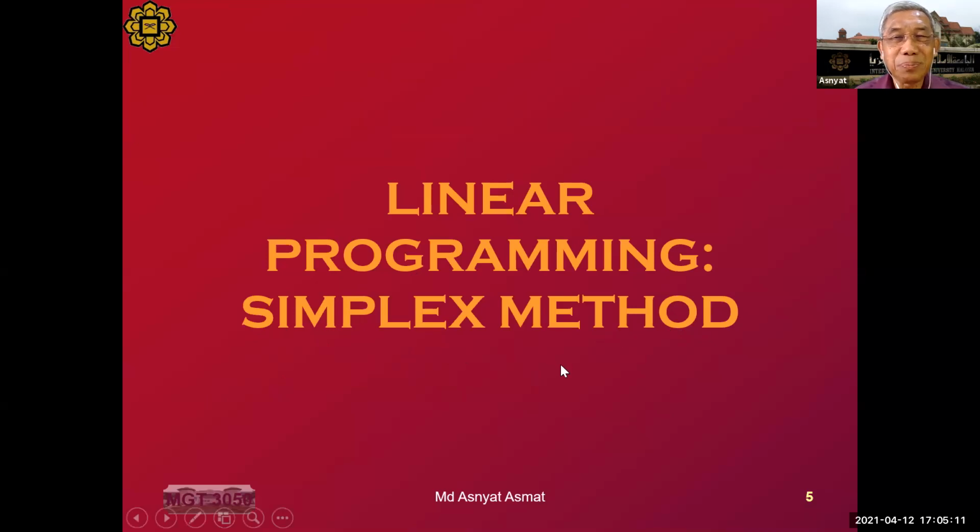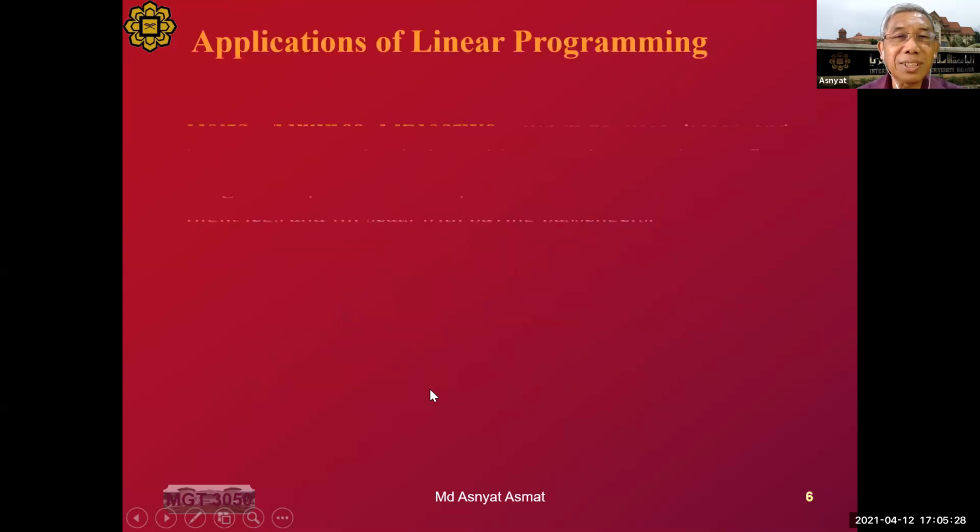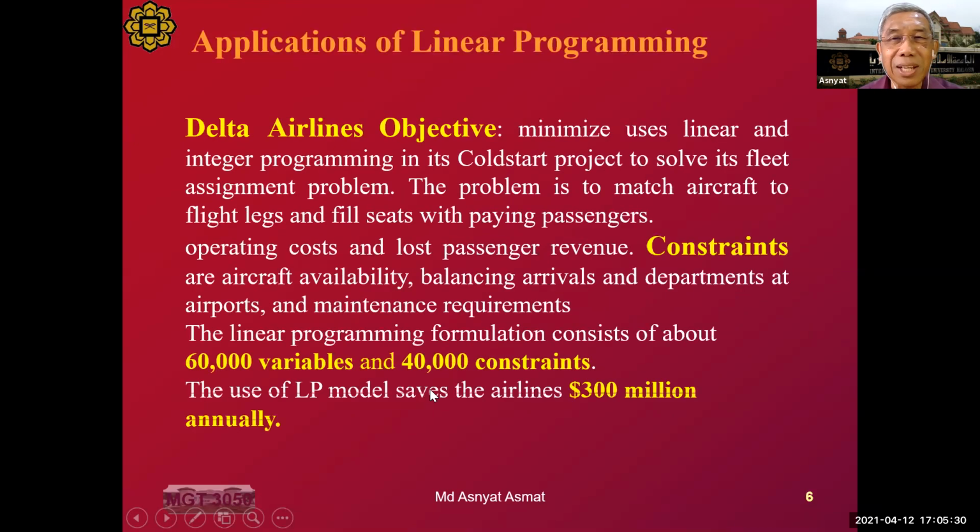Let's go through. In the last two classes, we were working on two dimensions. That means two variables, and maybe 2 or 3 constraints. Then it's okay for you to do manually. Let's imagine this is the case of Delta Airlines. No need to read the rest.